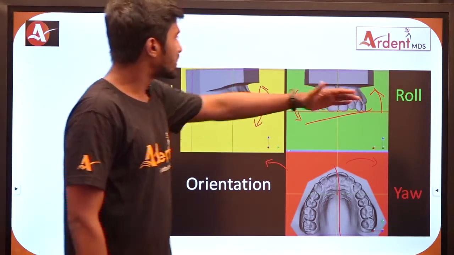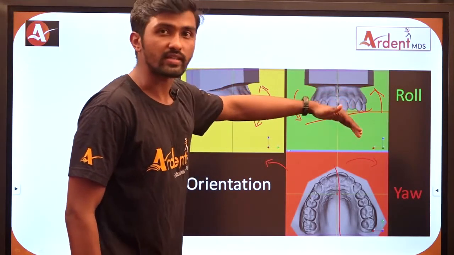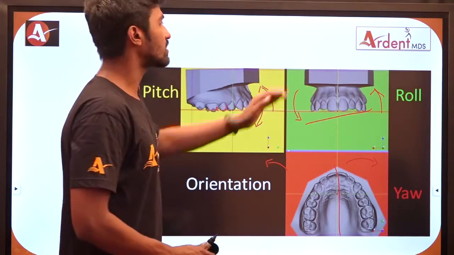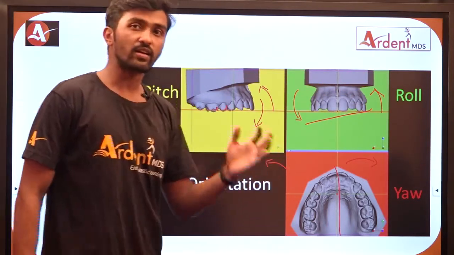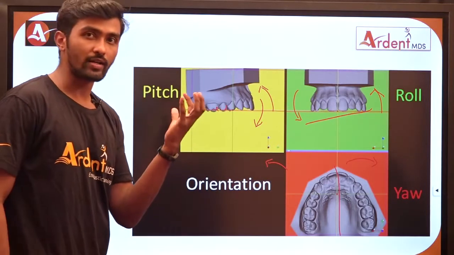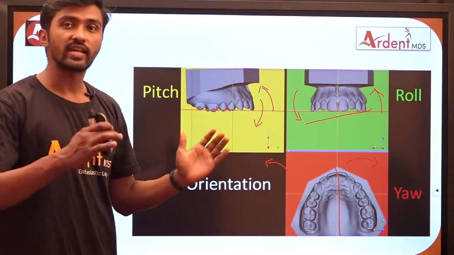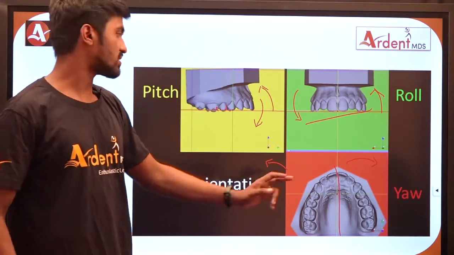Coming to roll, tilting of the occlusal plane either right side or left side in an upward and downward direction is called roll. And tilting of the occlusal plane when viewed from the occlusal aspect, either right side or left side, will lead to a change in the dental midline.